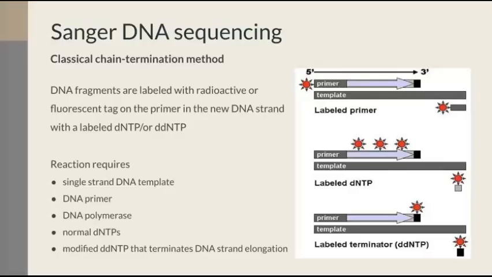So in this method, you're going to run 4 reactions, 1 for each ddNTP and the remaining dNTPs. The concentration between the ddNTP and the dNTP is typically 0.5 millimolar of the normal dNTP to 0.005 millimolar of the modified dideoxy NTP.